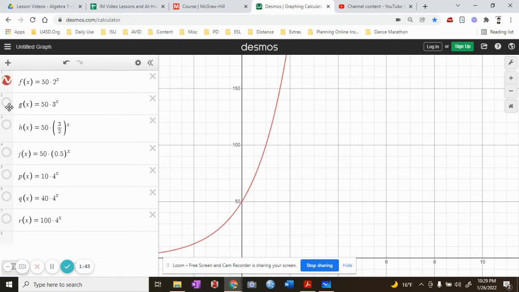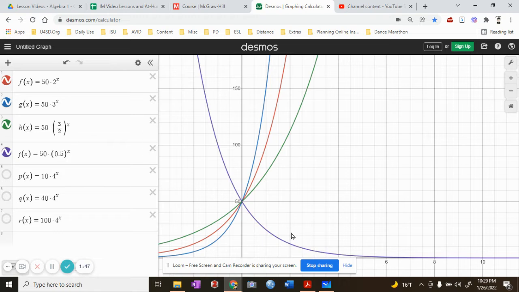I'm going to put 4 different graphs up, and I want you to look at these 4 graphs. Our starting value on all 4 of these is 50. Our multiplier, though, here it is 2, 3, 3 halves, and 0.5.